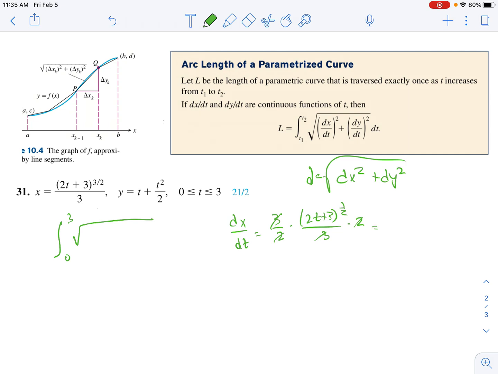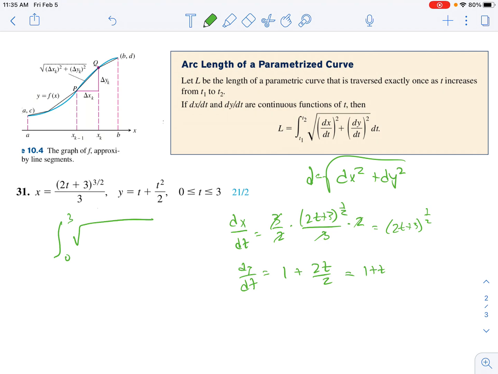So dx/dt is just (2t plus 3) to the 1 half. And then dy/dt is going to be 1 plus 2t over 2, which is, of course, just going to be 1 plus t. So that's dy/dt.